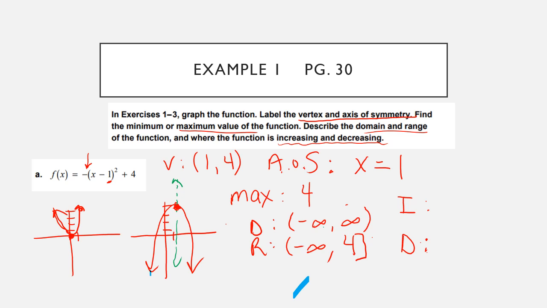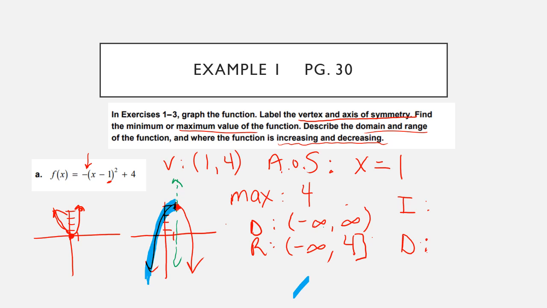If I trace it from left to right, let's imagine we're a little person walking on the graph, and I go from the left of the graph up to that vertex, am I increasing or decreasing? Hopefully you can see that it's increasing because you would be walking up a hill.